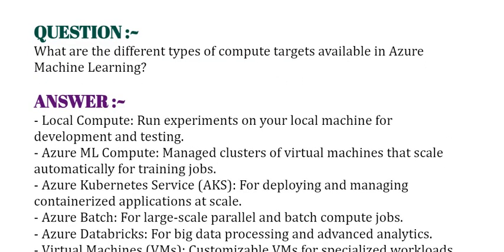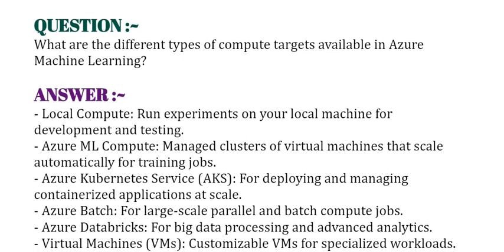Our next question is, what are the different types of compute targets available in Azure Machine Learning? Your answer should be, local compute: run experiments on your local machine for development and testing. Azure ML Compute: manage clusters of virtual machines that scale automatically for training jobs.